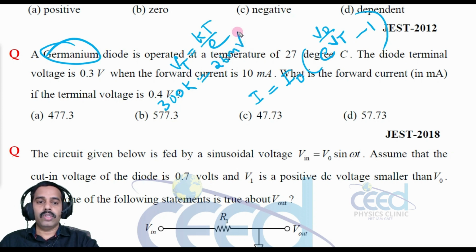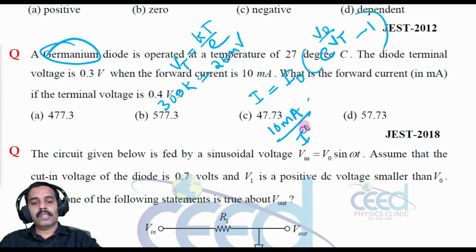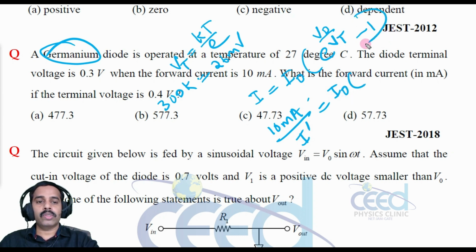So in the first case let me write this as 10 milliampere, and in the second case, I dash is equal to I0, the reverse saturation current, which is the same because we are using the same germanium diode. That is, I0 is the reverse saturation current or leakage current.